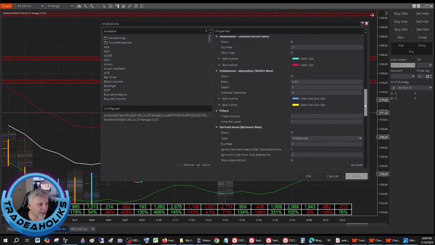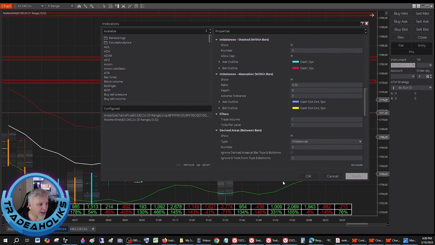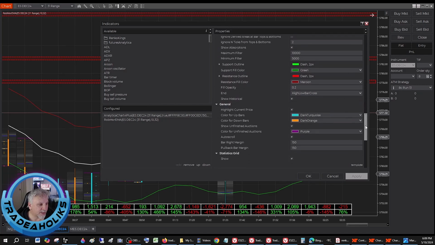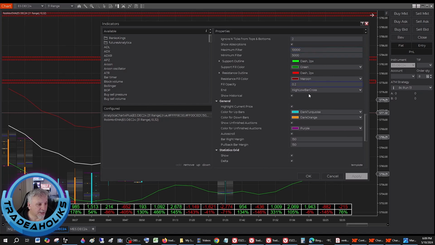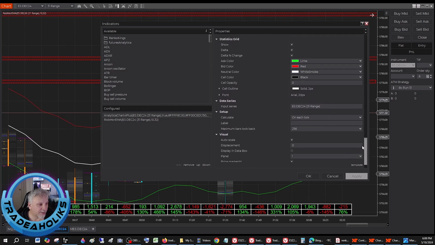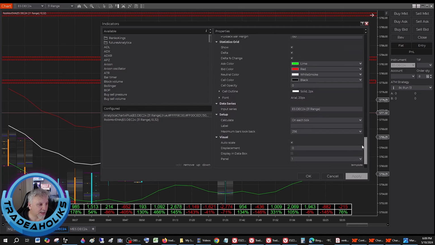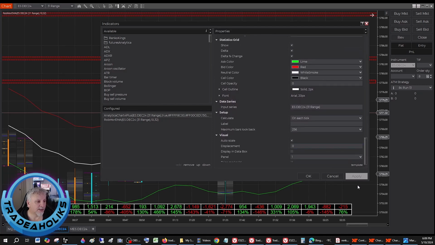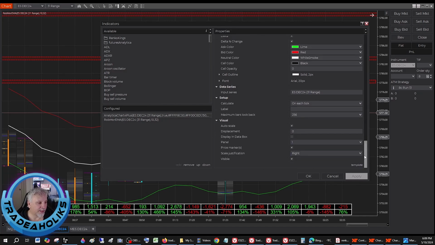Next we want to go to there, take a screenshot of that. More ticks, etc. there. Take a screenshot of that. And go to statistics and grid next. Up to there. Take a screenshot of that. And then the last little bit there. Take a screenshot of that. So there are all the settings I have for the footprint chart, Analytica Chart 4.